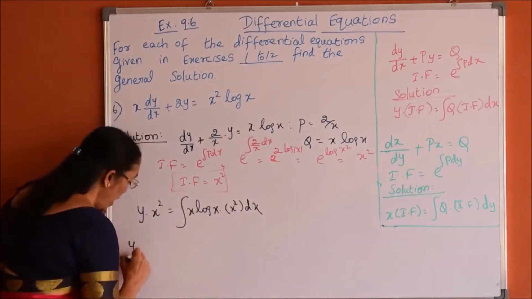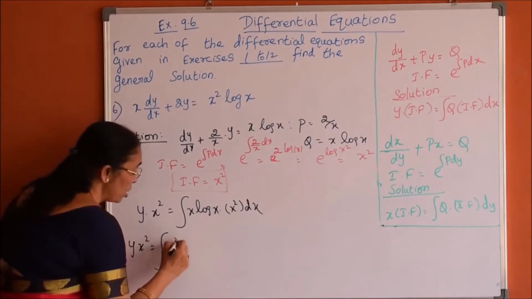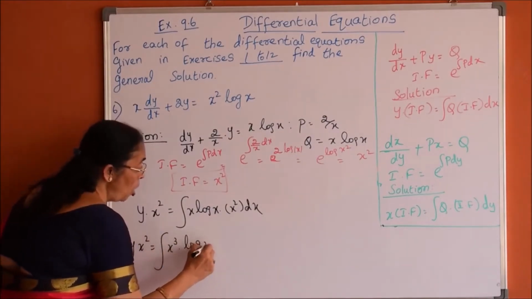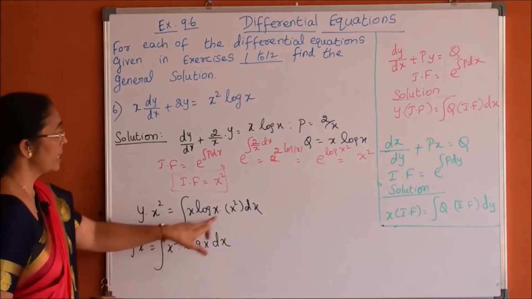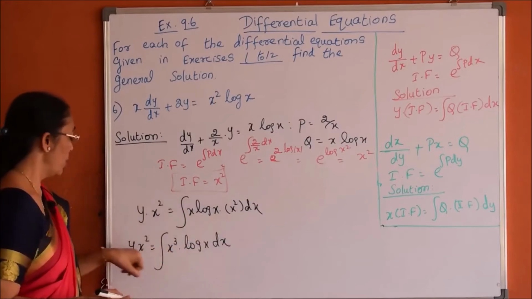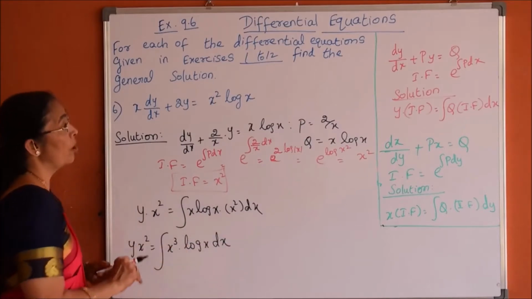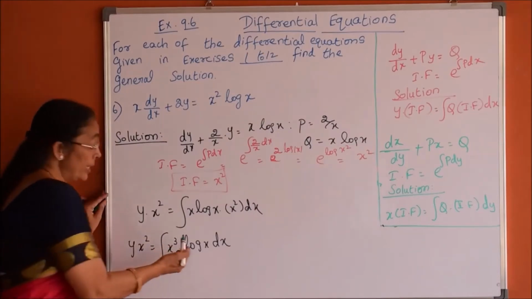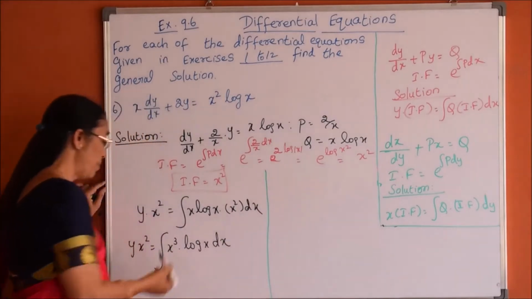So yx square is equal to integration of x cube into log x dx, x log x into x square dx. So yx square is equal to integration of x cube log x dx. Now let us integrate this part by the method of integration by parts.